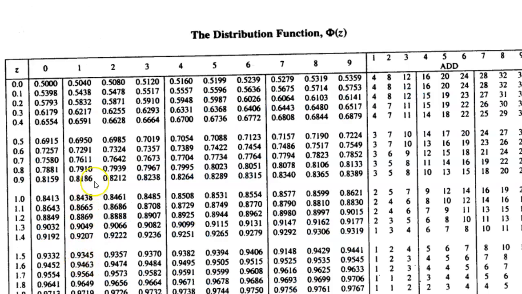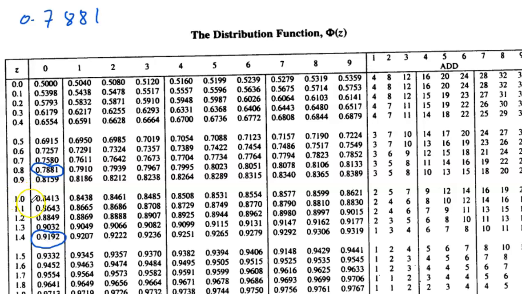So here's our Z table. Remember, one of the Z values was 0.8. So when Z is 0.8, here it is, the corresponding probability is 0.7881, and this table gives probabilities for less than. For the negative 1.4, the table does not have negative values, so we look for positive 1.4 and then subtract the value from 1.